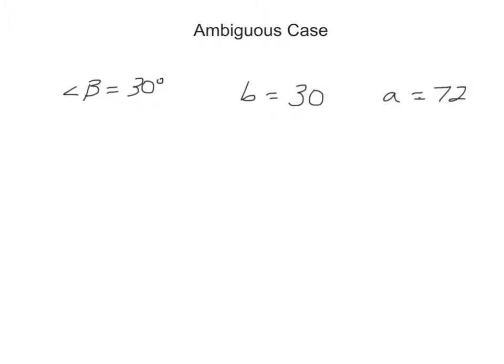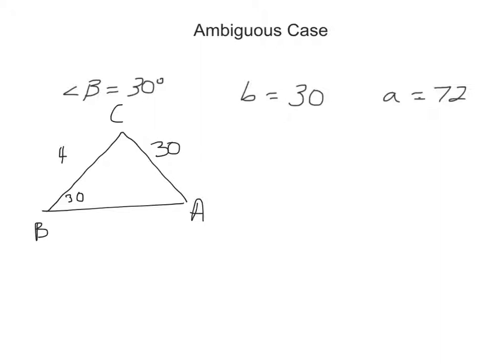First case, we're going to make angle B 30 degrees, side B 30, and side A 42. So when I have a triangle like this, we've got A, B, and C, and this is 30, this side length is 30, and this side length is 42. So we're going to set up law of sines.